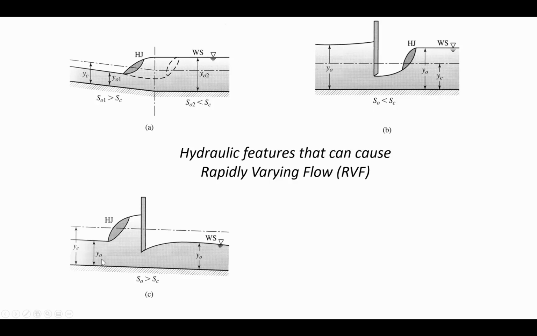So this is a pretty complex situation, the rationale for why things are happening where they are. If we're having the jump before the gate, it was all because we had supercritical flow conditions.